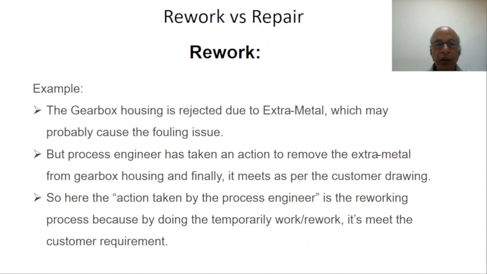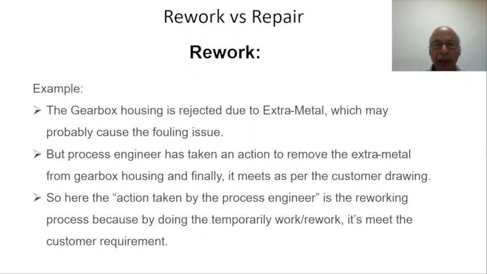Another example of rework: suppose we have a gearbox housing. It was found to be a non-conforming product due to extra metal, which may probably cause a fouling issue during use or during assembly. So the process engineer took action to remove the extra material from the gearbox housing, and finally it meets the customer demand or customer drawing.